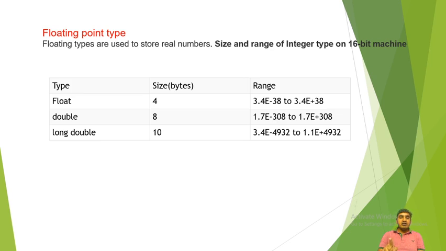Here 1.1 is again a typing mistake, it should be 3.4. This is the range of the floating point data types.